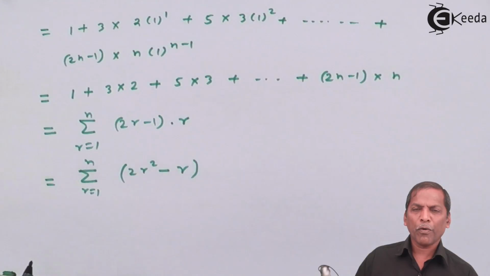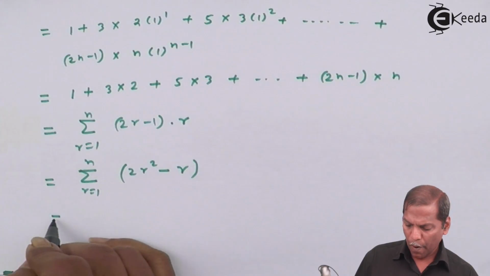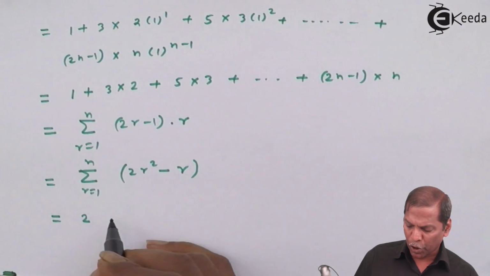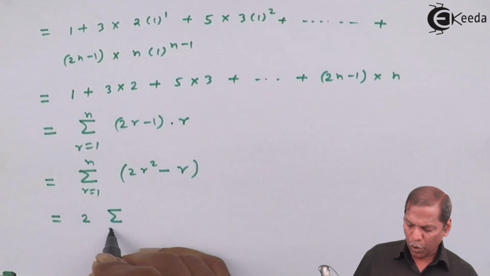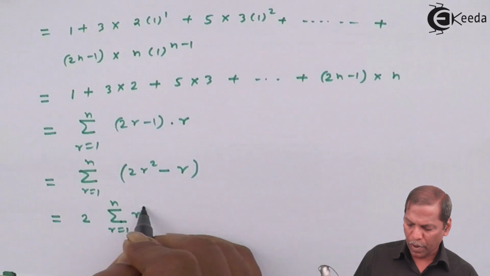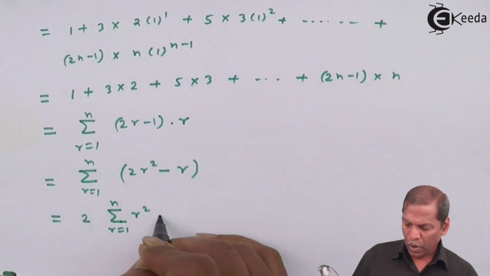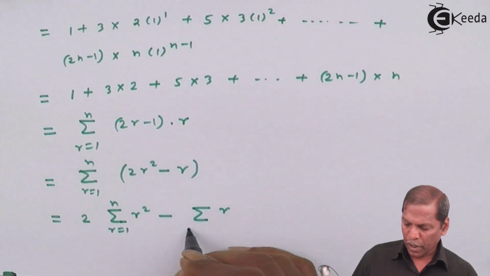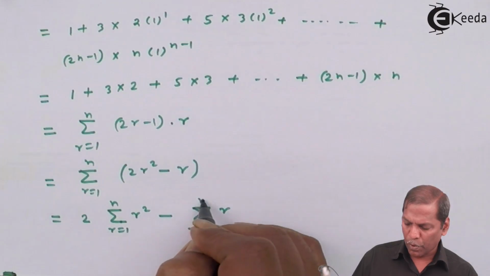So the next step will be: we take the constant 2 outside the summation notation into summation r takes values 1 to n of r square, then minus summation r, r takes values 1 to n.